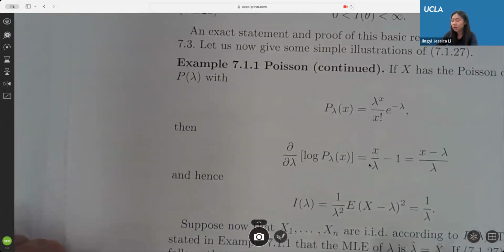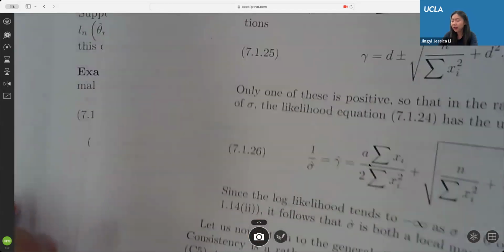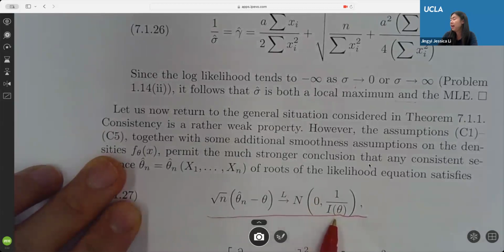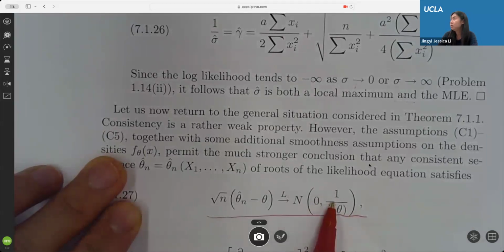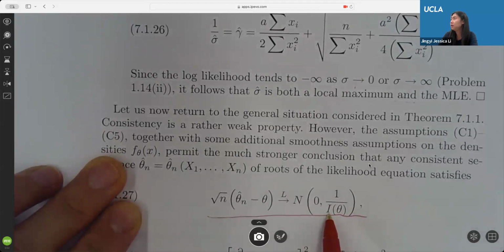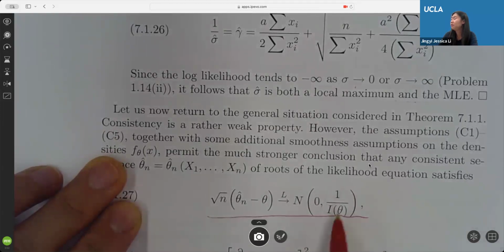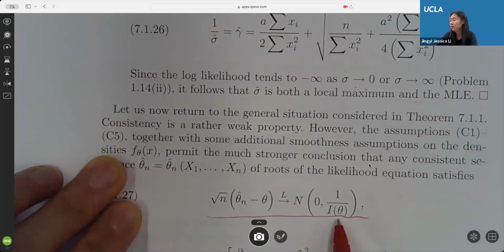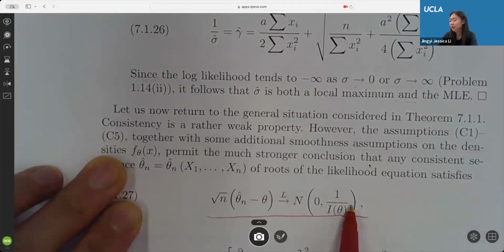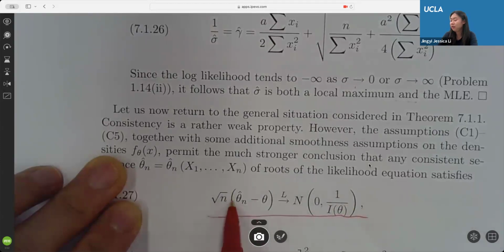Okay, but of course, since you are going to have this 1 over Fisher information I theta, this is an inverse, and by default you don't want this to be 0 or infinity. Because if it's 0, you have the dividing by 0 issue. If it's infinity, you have a 0 asymptotic variance. That means multiplying by root n is not enough, right?